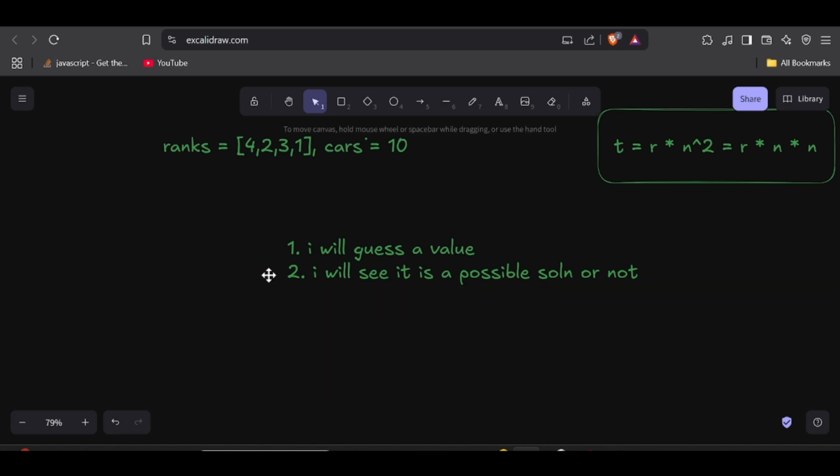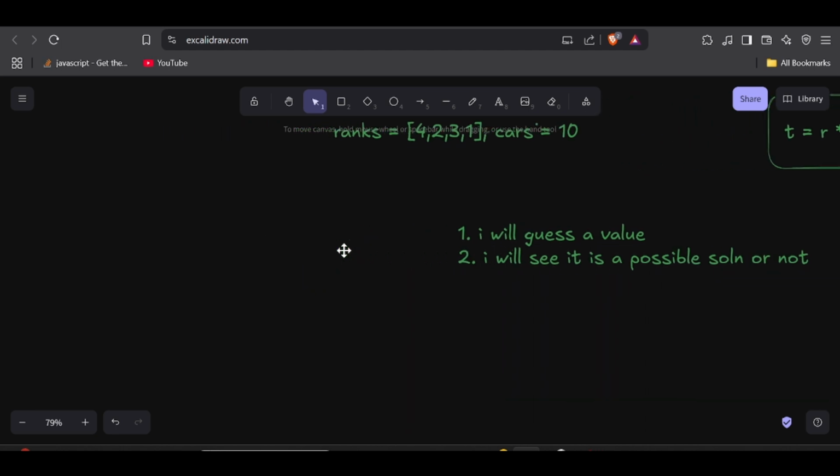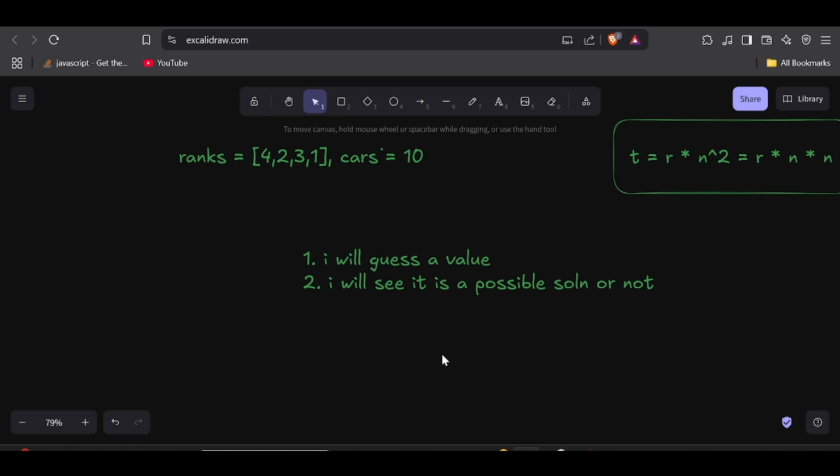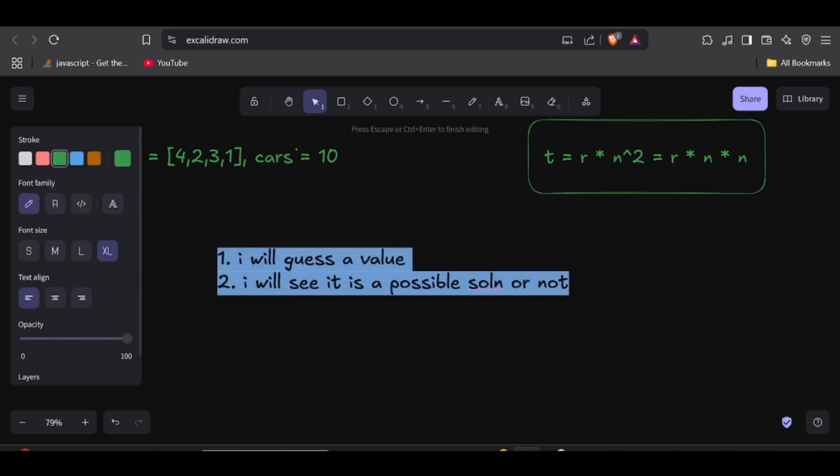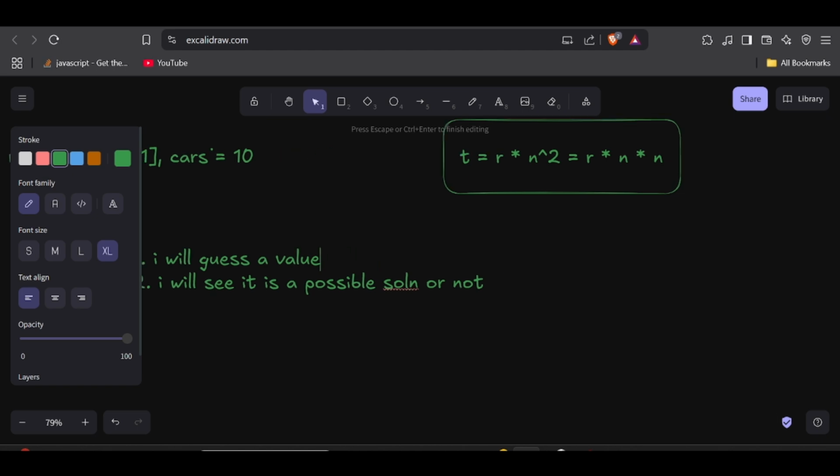First of all, we will go for the harder part, that is the second step, and look at how it will be implemented. When I say whether it is a possible solution or not, what do I mean by that? It means that in that particular time, all the mechanics should be able to repair all the cars. So how can I find that out?